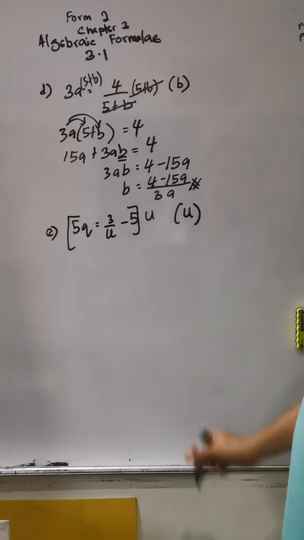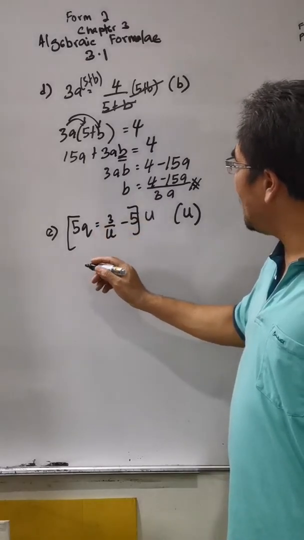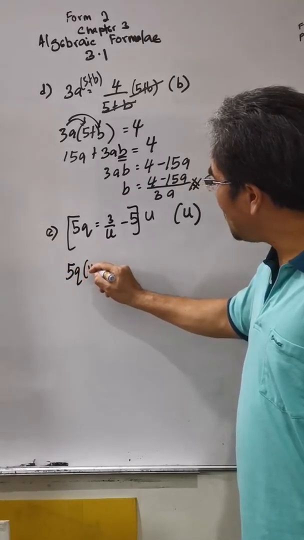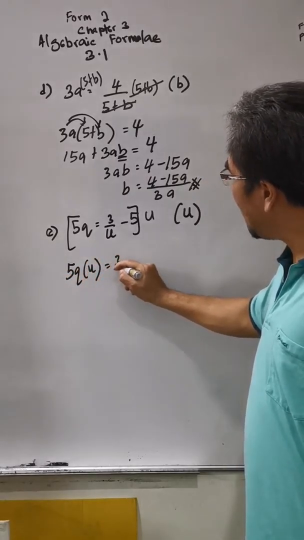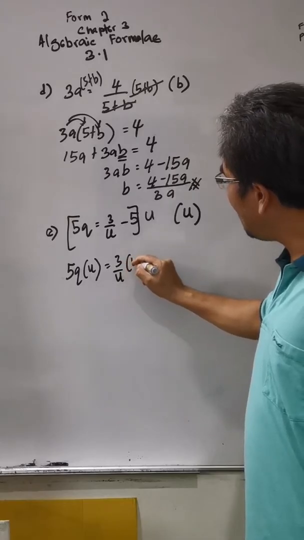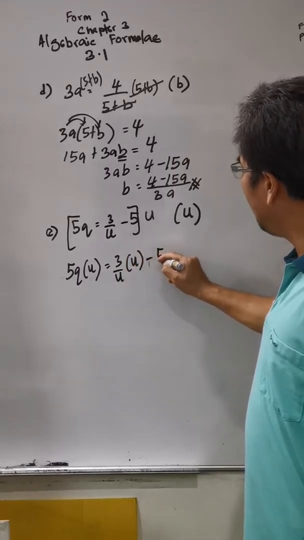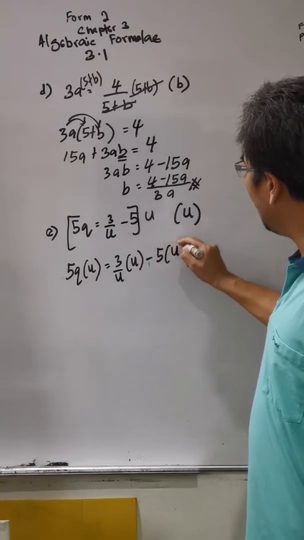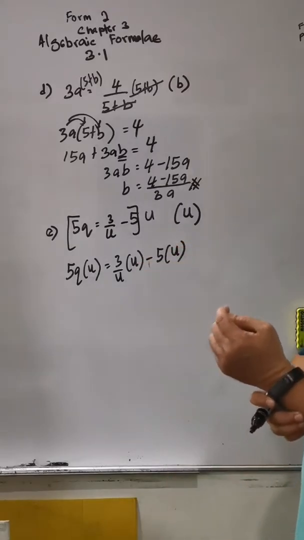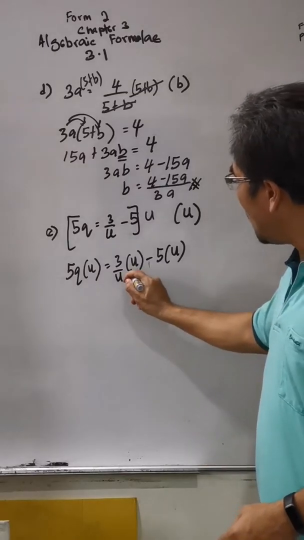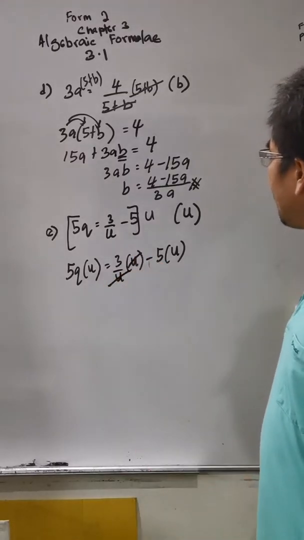If you multiply everything by U, you have 5Q times U equals 3 over U times U minus 5 times U. I show you the working for this one a little bit longer because I want to show you we have to cut.